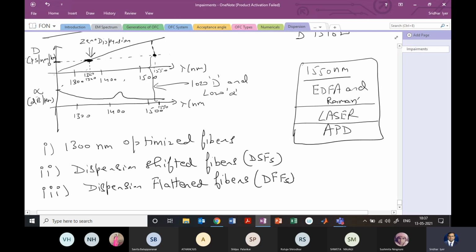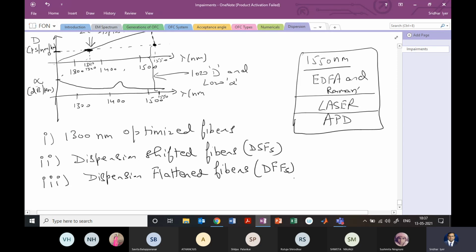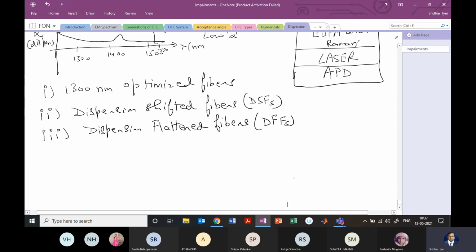Okay. So these are the major categories. However, you can also get different types within these categories. I'll be describing that once we go into each and every type of fiber. Okay.